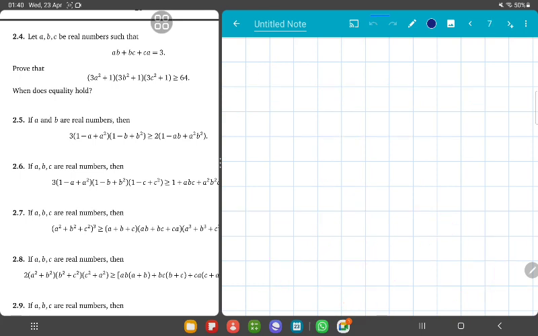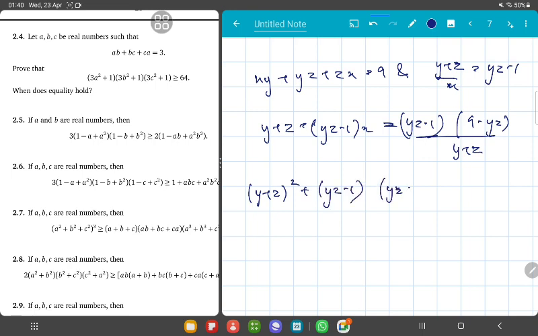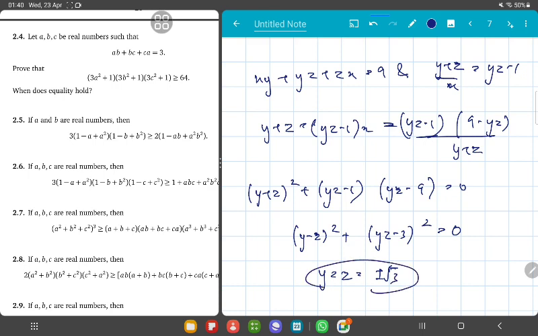So this equality holds for xy plus yz plus zx equals 9, and y plus z upon x equals yz minus 1, that is, y plus z equals yz minus 1 times x. Then y equals z equals plus or minus root 3.